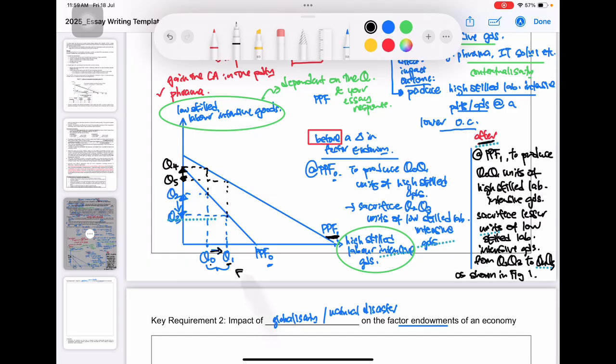Then in your answer, go back to figure 1, a change in PPF due to change in factor endowment.